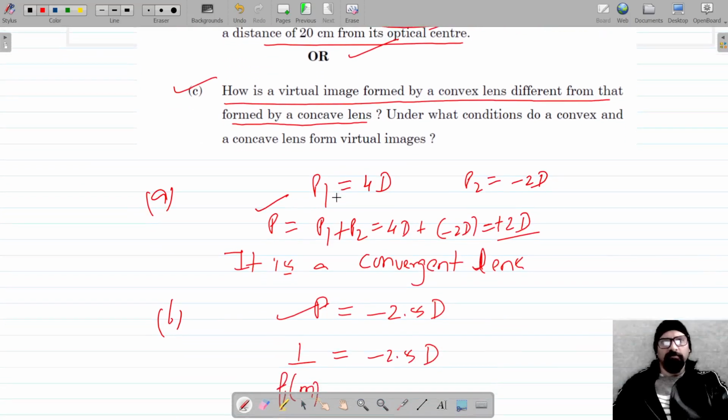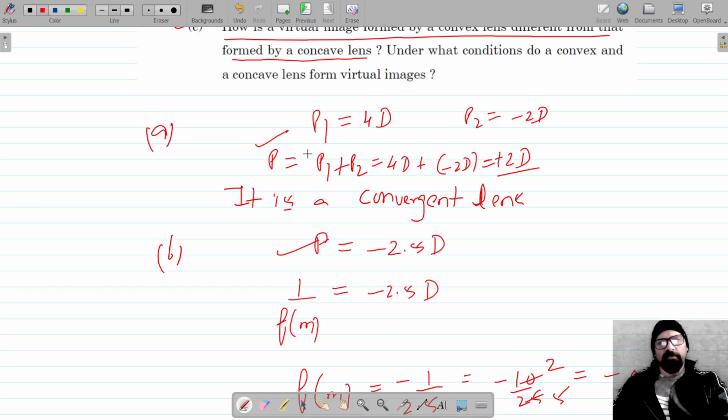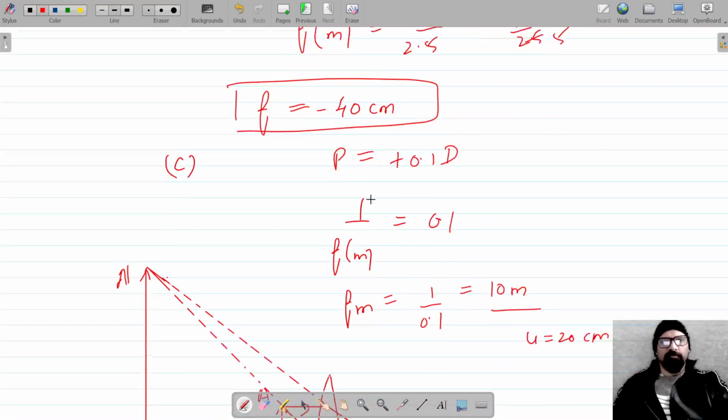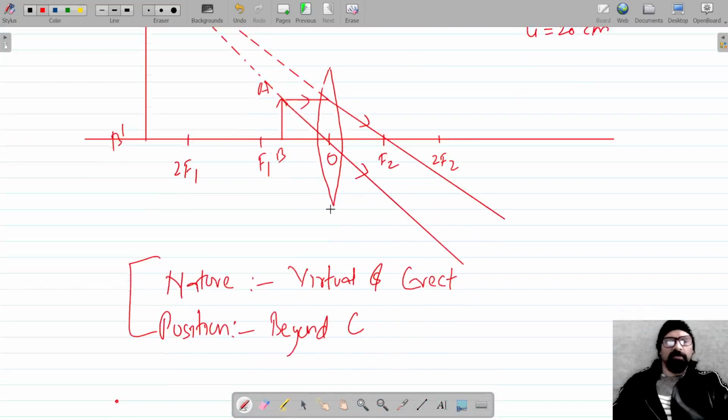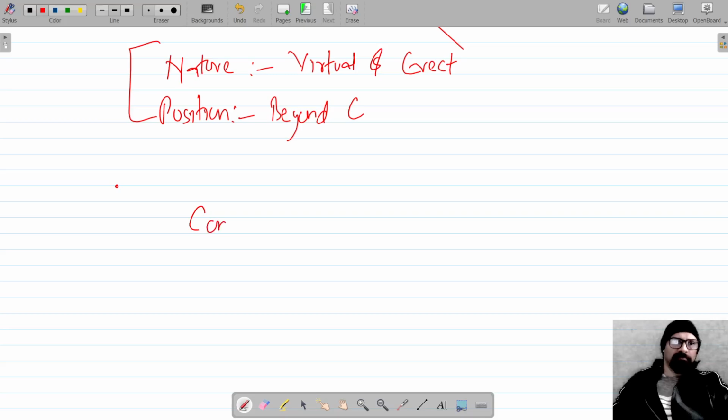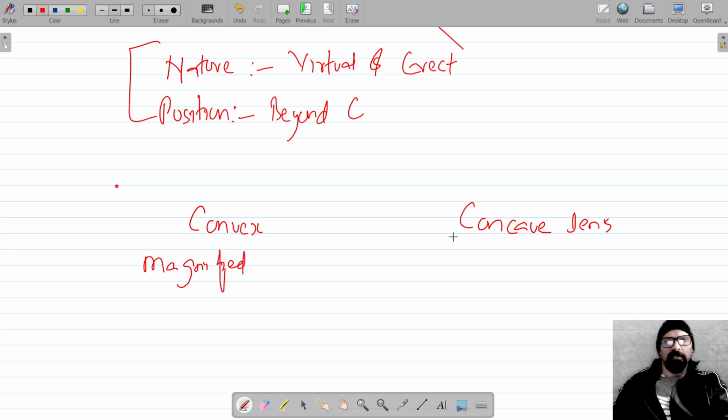So what is the difference between the virtual image formed in case of a convex lens and in case of a concave lens? In a convex lens, when the virtual image is formed, it is magnified. And in a concave lens, when the virtual image is formed, it is diminished.